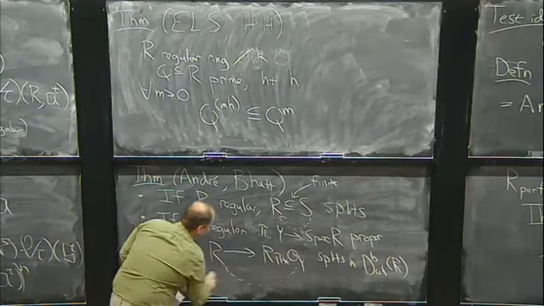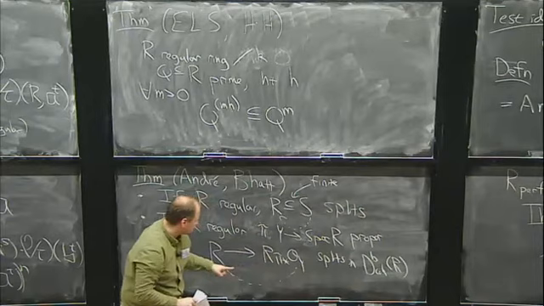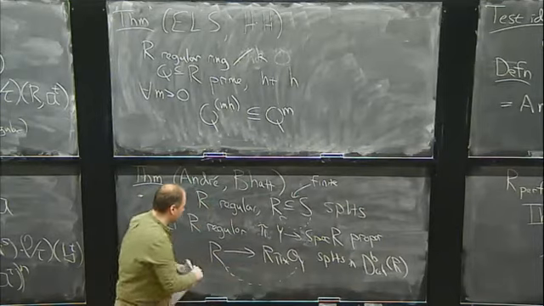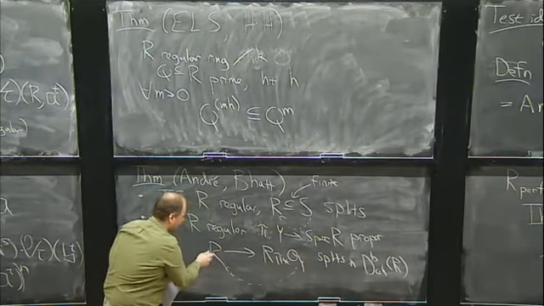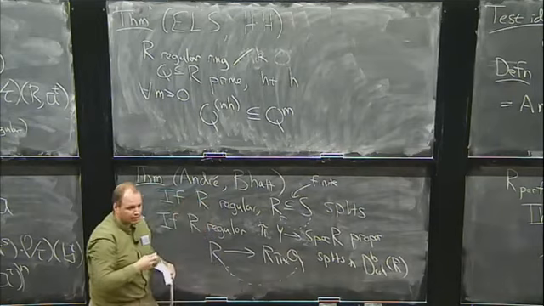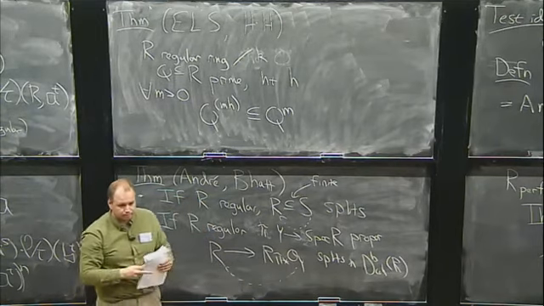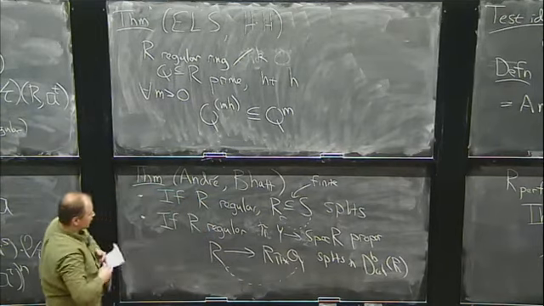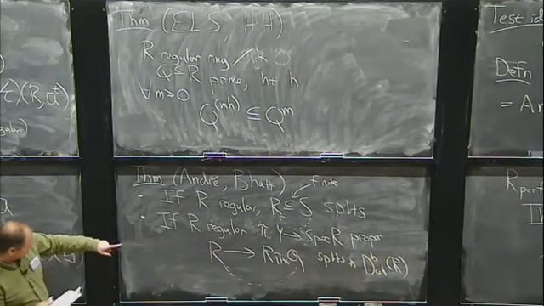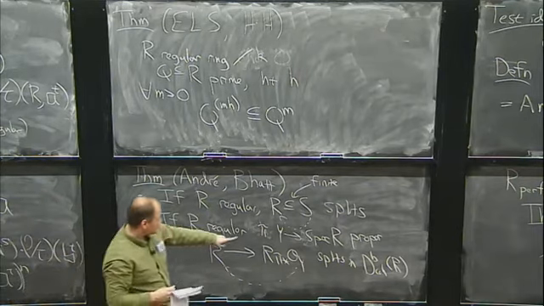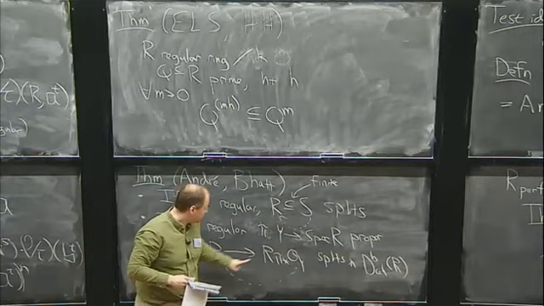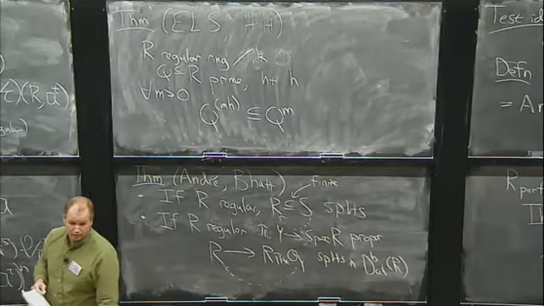So what do I mean by splits? I mean the same thing I mean here. Maybe splitting doesn't quite make sense in the derived category. I mean there's a map in the derived category like this, so that this followed by this is the identity. By the way, in characteristic 0, this splitting condition is equivalent to rational singularities.